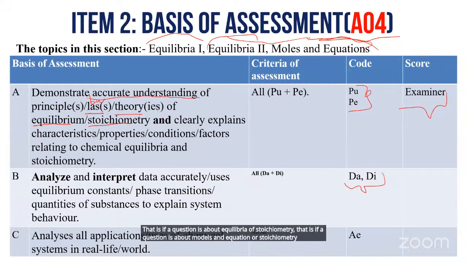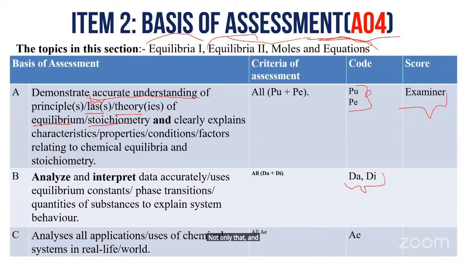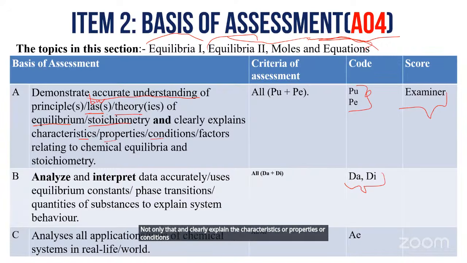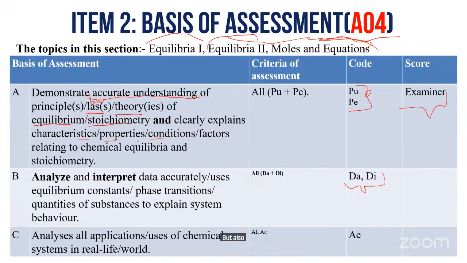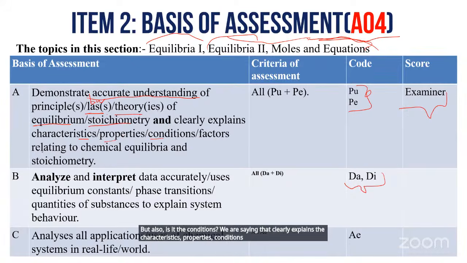Not only that, and clearly explain the characteristics or properties or conditions. Now, when you put a stroke, it doesn't mean that you're going to talk about all of them. It will depend on the question. What are they talking about? Is it properties, or is it the conditions? We're saying clearly explain the characteristics, properties, conditions, factors which relate to chemical equilibria and stoichiometry.